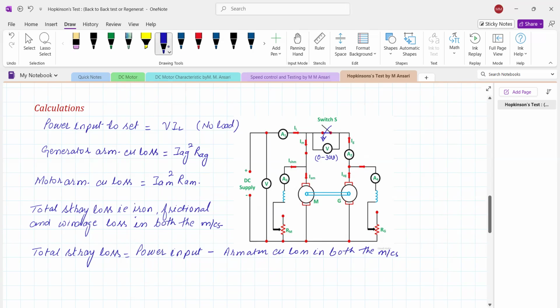No doubt it is the power input to the set at no load condition, so the armature Cu losses, all these things, are at no load condition.